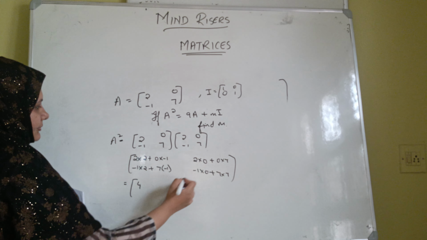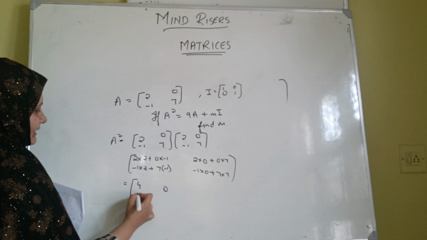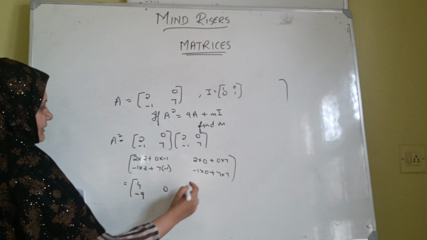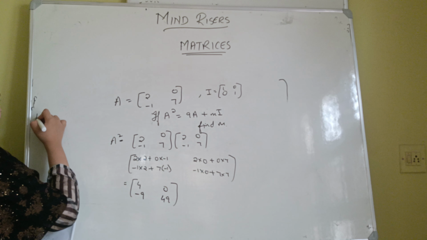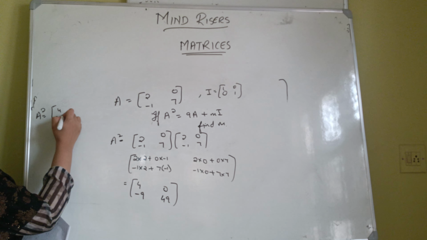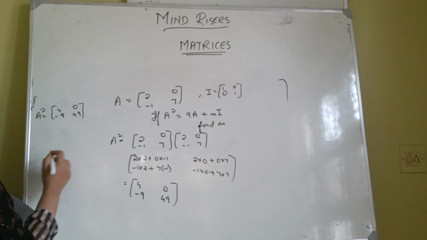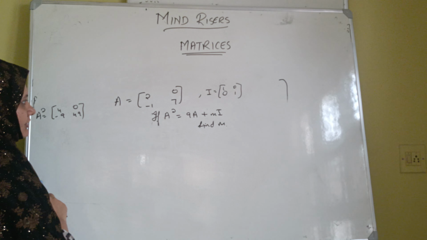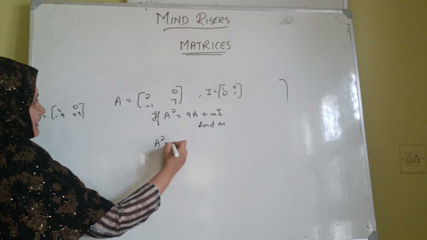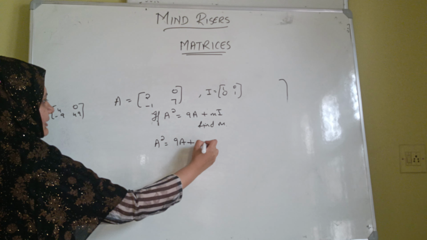4. We get 0 here. Minus 2 minus 7 is minus 9. Then this is 49. Alright, so A square we've got as 4 minus 9, 0 and 49. Let us rewrite the question. 9A plus Mi.